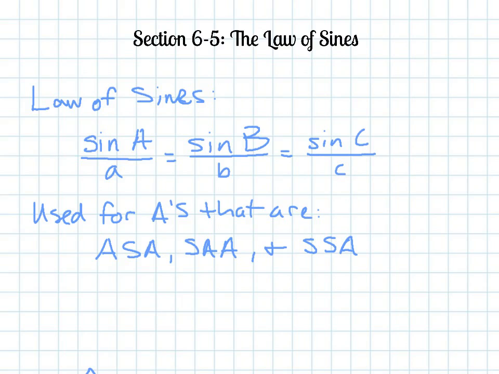that we can use given whatever information we have. Law of sines is used when we have triangles that give us the following information: an angle, then a side, then an angle, so a side in between two angles, or two angles and a side in consecutive order, or two sides in consecutive order and then an angle.